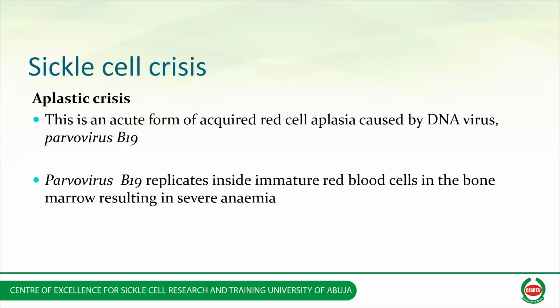So the immature red cells where erythropoiesis is happening in the bone marrow, it infests those normoblasts and destroys them right in the bone marrow before they are even matured and released into the circulation. So that is what parvovirus B19 does.